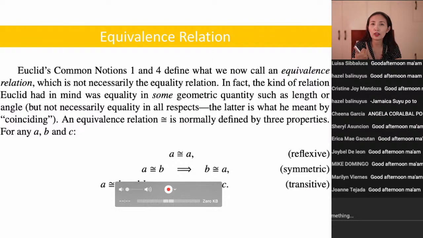The reflexive property, the property of symmetry, the 3 properties should be met in order that a relation is considered an equivalence relation, and the property of transitivity. So it says here that common notions 1 and 4 define what we now call equivalence relation.